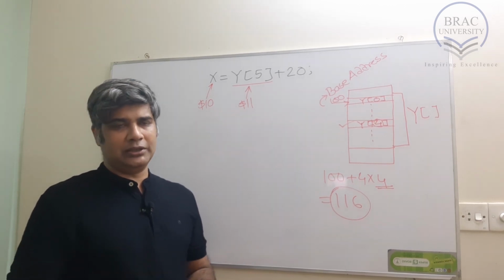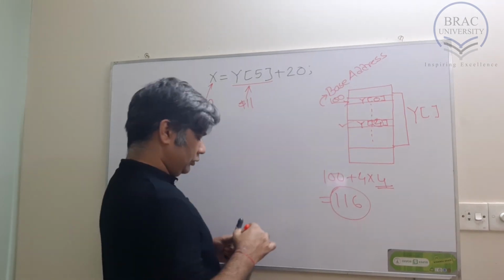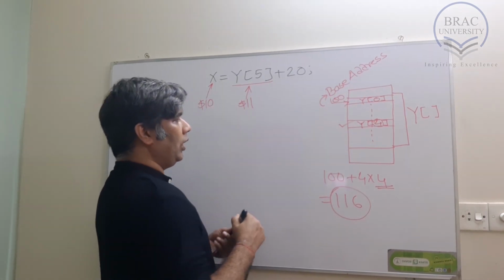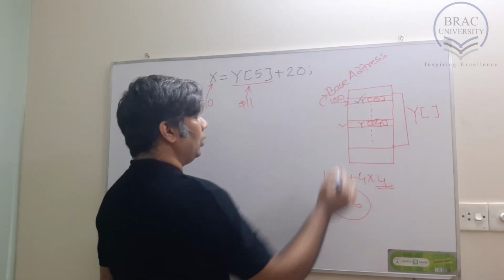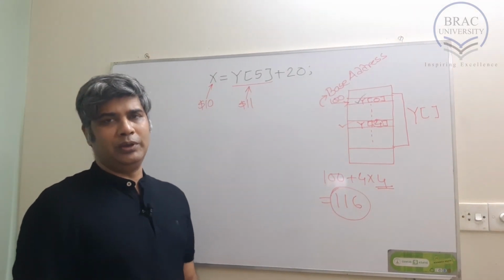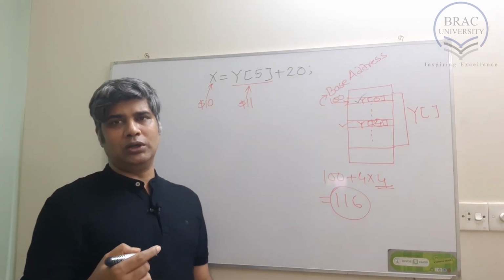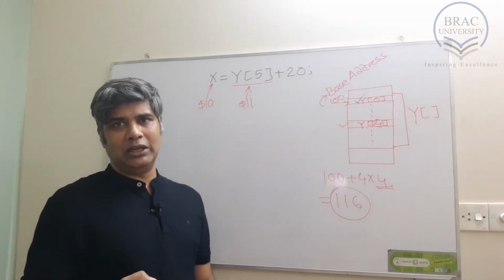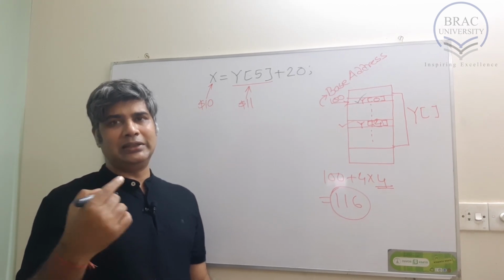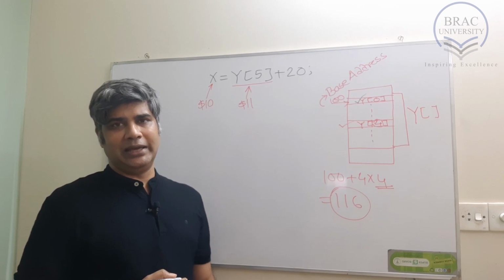So, the y[0] array element will have one word of memory. Similarly, y[1] will have the following one word, y[2] will have the word after that, and then all the elements will continue like that.